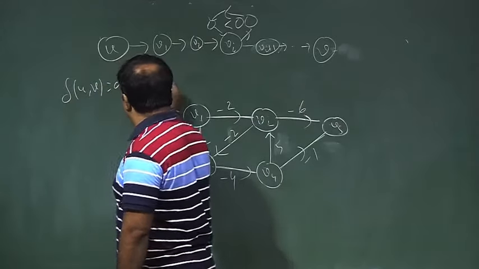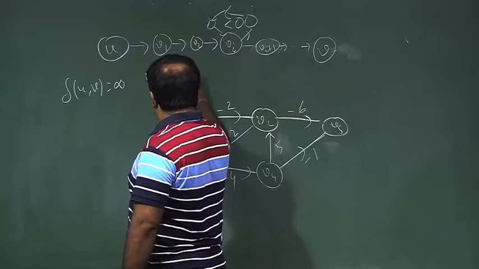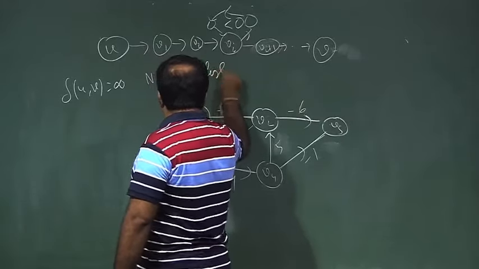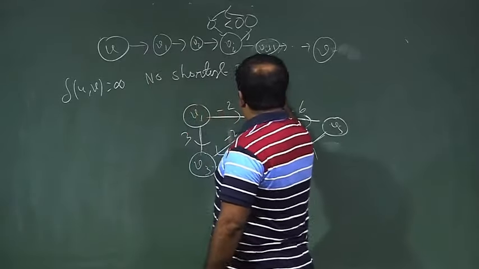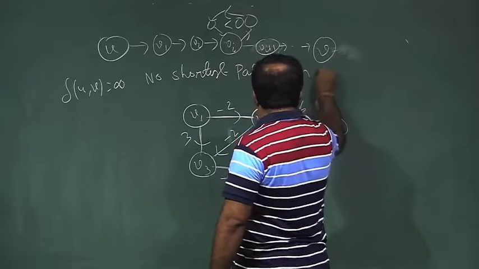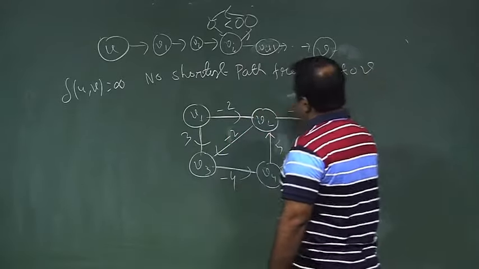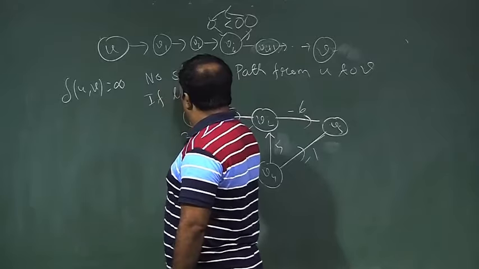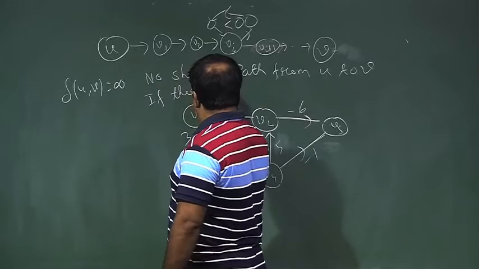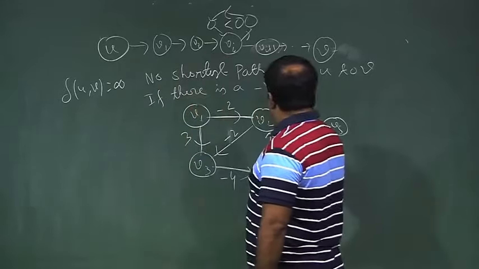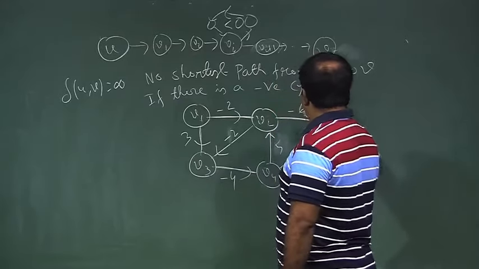So, no shortest path exists from U to V if there is a negative cycle in the path.